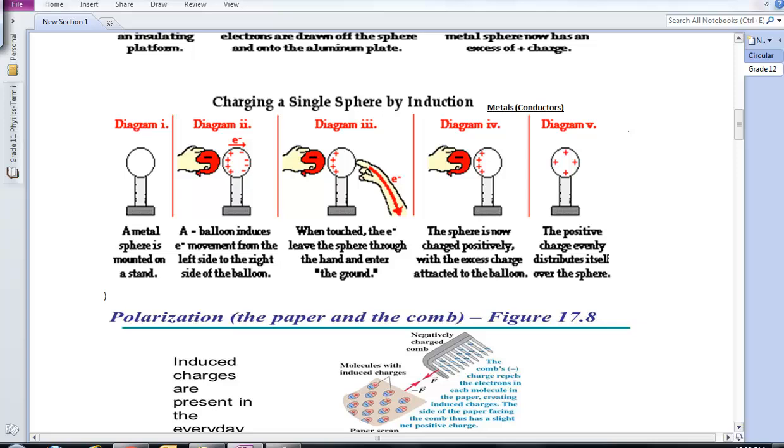If you have two spheres, like a sphere here and another one, let's say we have two spheres that are neutral and connected. Both of them are neutral.